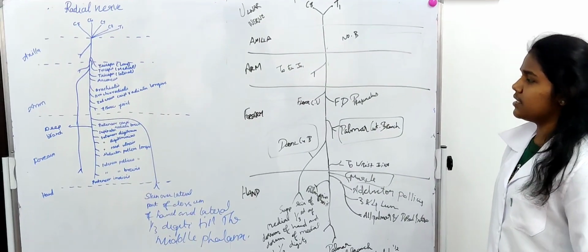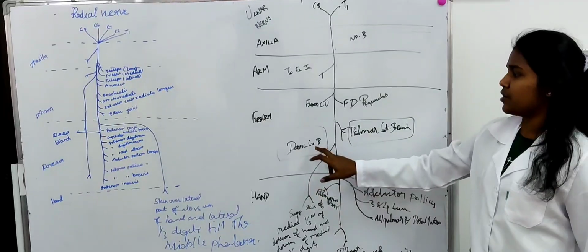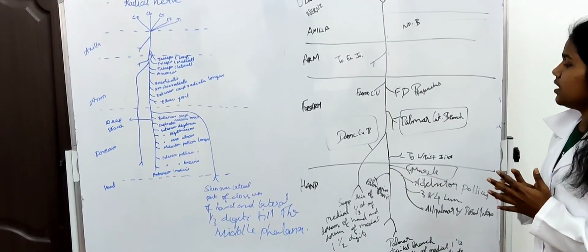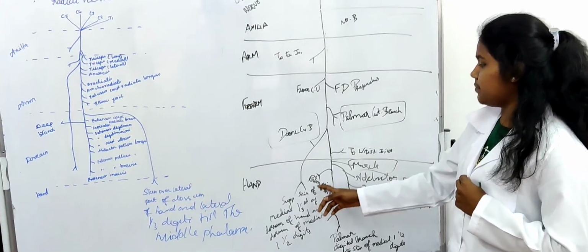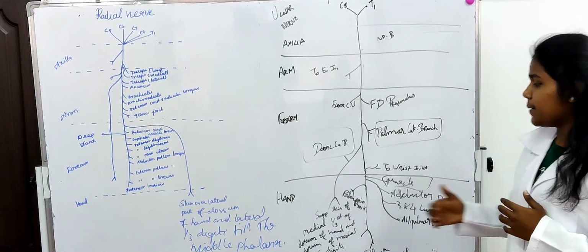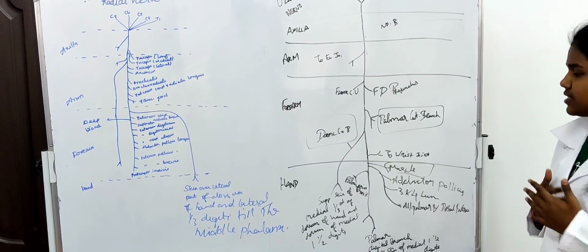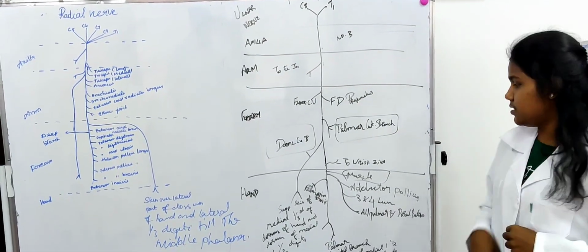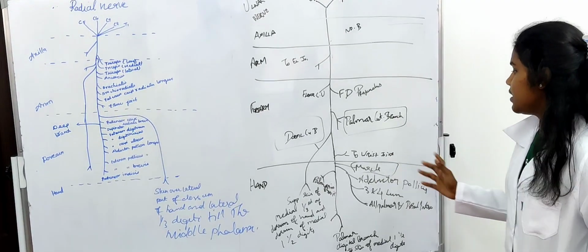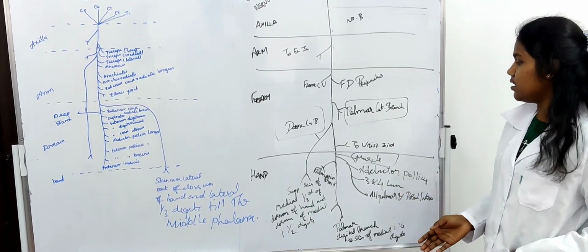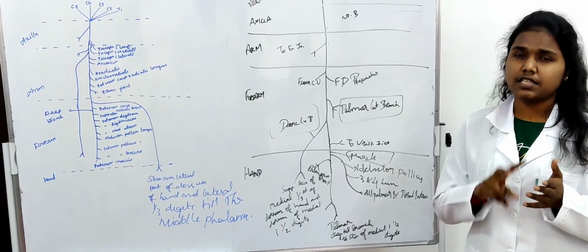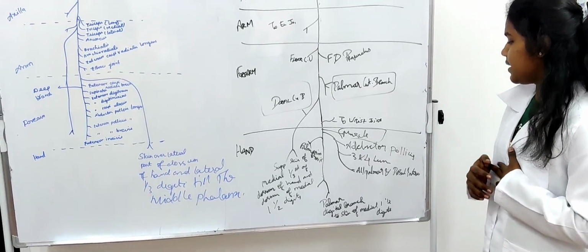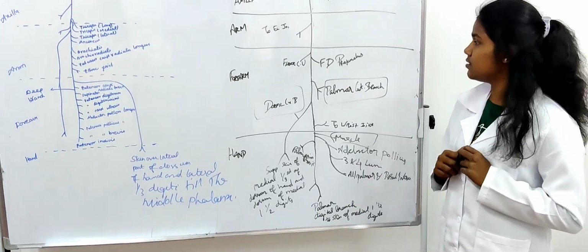It has 3 branches: dorsal cutaneous branch, palmar cutaneous branch, and muscular branch. The palmar branch includes palmaris brevis and supplies the skin of the medial one-third of the dorsum of the hand and the medial half of the digits. In the muscular region, it innervates abductor digiti minimi and the 3rd and 4th lumbrical muscles, and the palmar digital branch supplies the skin of the medial one and a half digits.